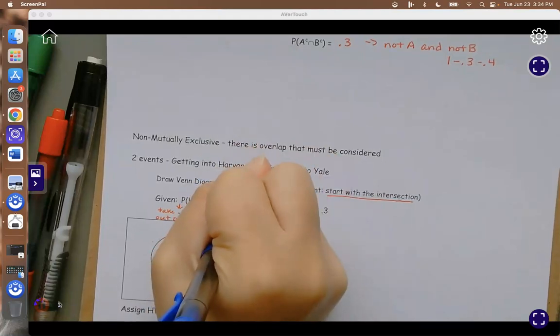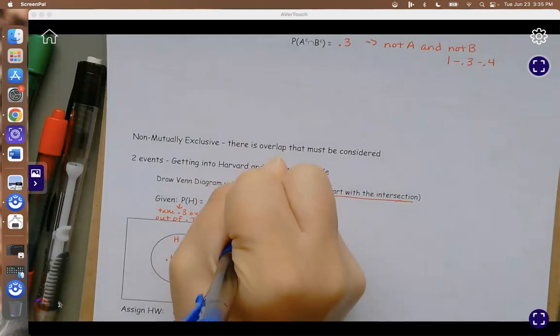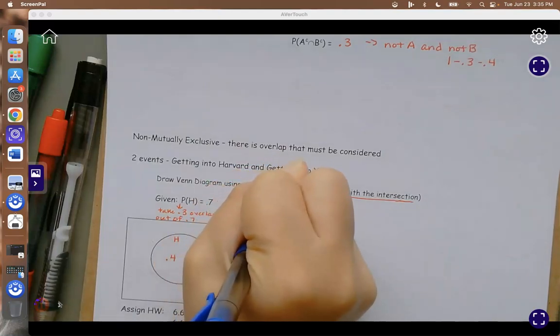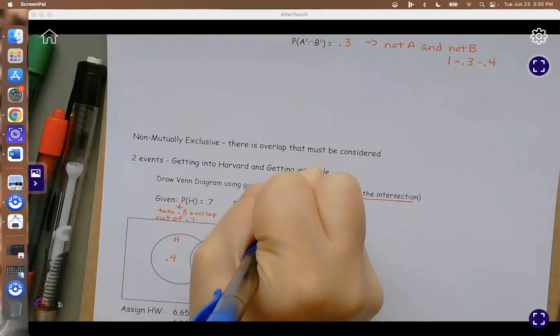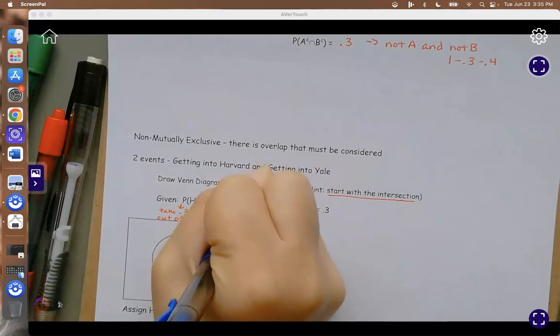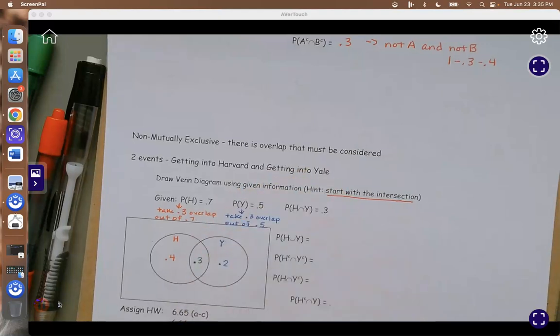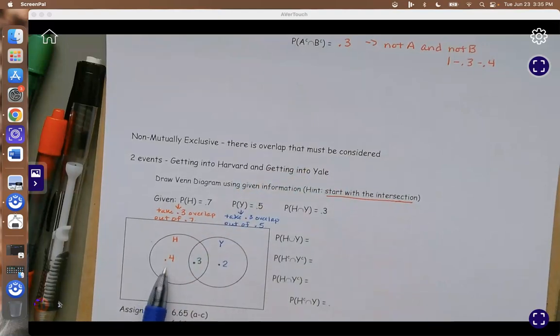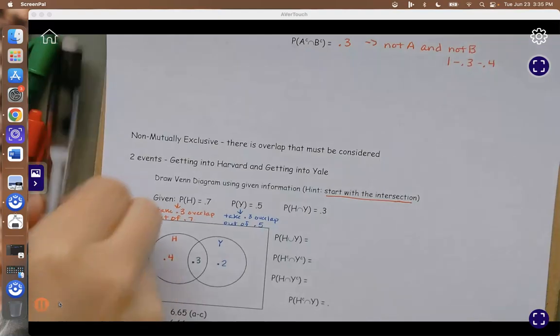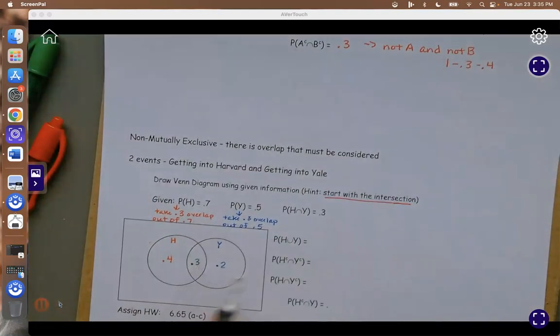So I take 0.3 overlap out of 0.5. Now, this adds up, and I get 4 and 3 is 7, 8, 9.